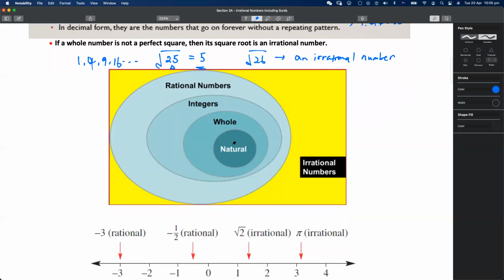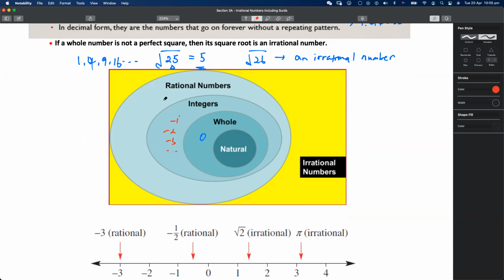Here's a Venn diagram on the relationship between each set. You have the smallest set, natural numbers, and you've got whole numbers, which include 1 and 0. And you could have integers, which have the negative part, like negative 1, negative 2, negative 3. Apart from whole numbers, it's got negative integers.